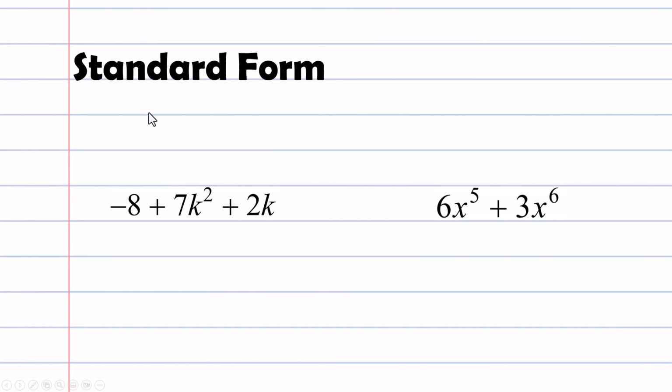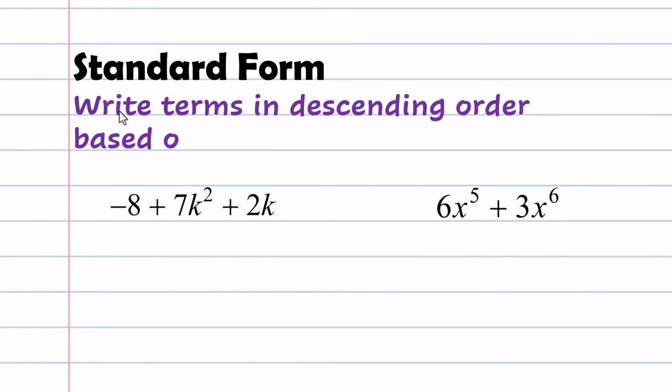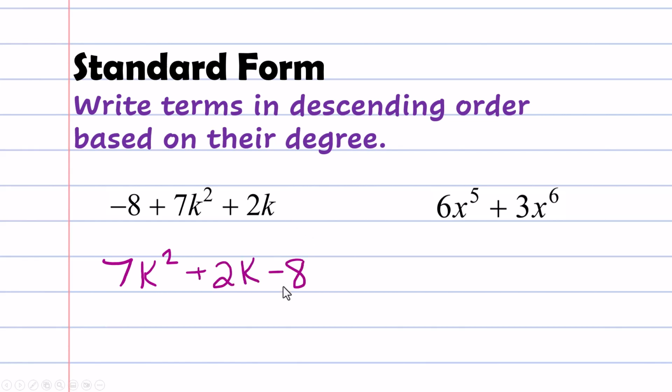Standard form of a polynomial. In order to get it into standard form, you have to write the terms in descending order based on their degree. So you just look at the exponents and you put the largest exponent first. So for this first guy, I have 7k squared, 2k, negative 8. The 7k squared would have to come first, then the 2k, then the negative 8. The constants are at the end.